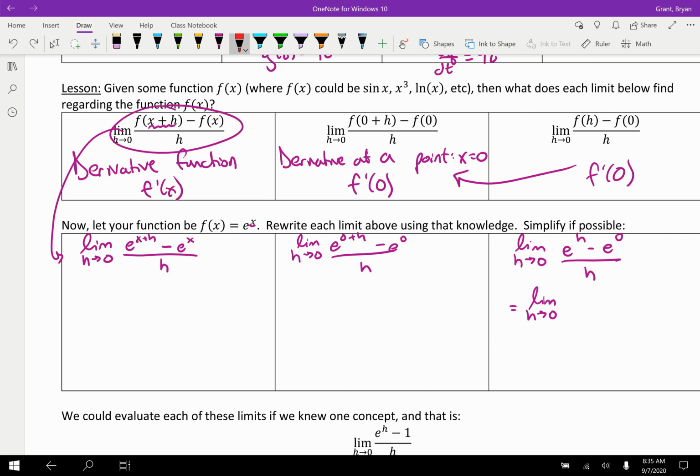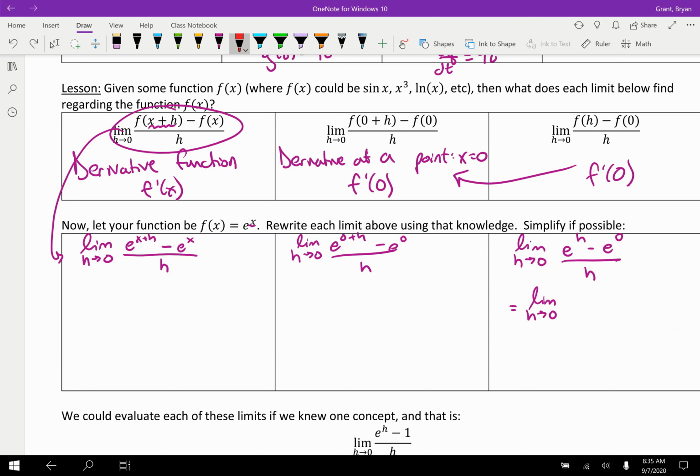Ugh, that didn't take us very far. Same thing here. 1 minus 1 is 0 over 0, indeterminate again, bummer. And last but not least, replace the h with 0. e to the x minus itself is 0 over 0, also indeterminate. Okay, they're all indeterminate. And honestly, the definition of the derivative generally turns out to be indeterminate every time. So we have to do more.